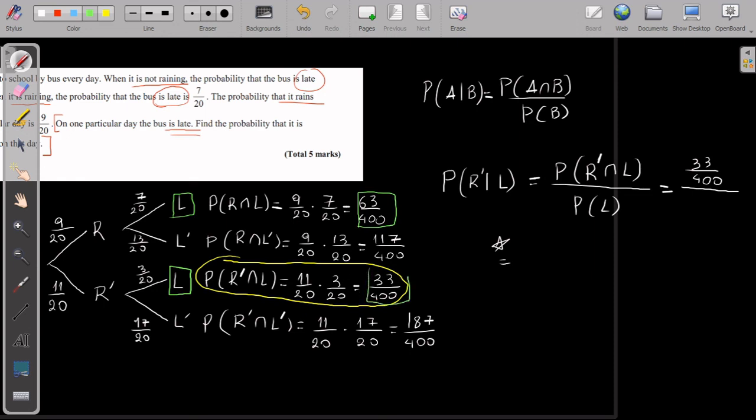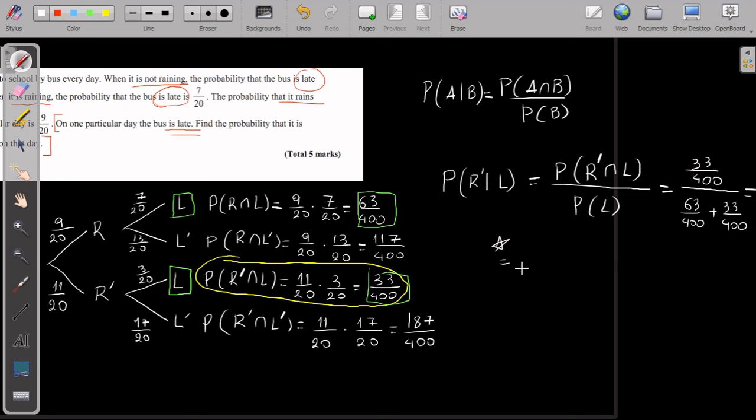So the probability of being late is the probability of rain and being late, which is 63 over 400, plus not rain and being late, which is 33 over 400.